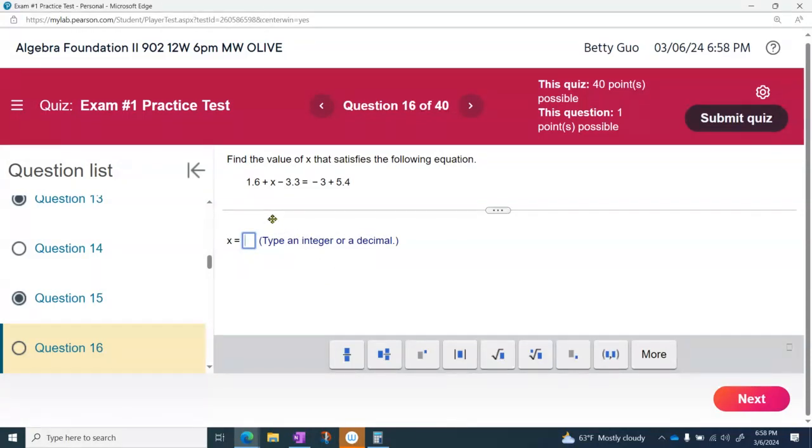By the way, I would simplify each side of the equation first. So the left side can be simplified as x minus 1.7 because 1.6 minus 3.3 is negative 1.7. And on the right side, let's combine 9.3 with 5.4, we have 2.4.